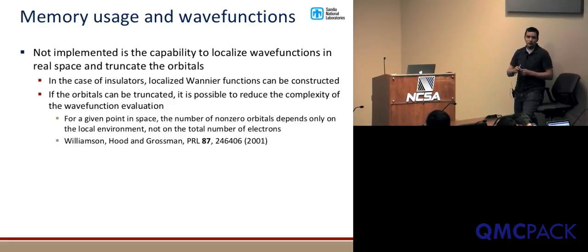That means that when I want to evaluate the total antisymmetric wave function, some things will be strictly zero, right? In fact, you can work out that for an insulator, the number of orbitals you have to evaluate doesn't change with system size. So if you're after cohesive energy sort of properties, you can actually get a linear scaling quantum Monte Carlo method in this way.